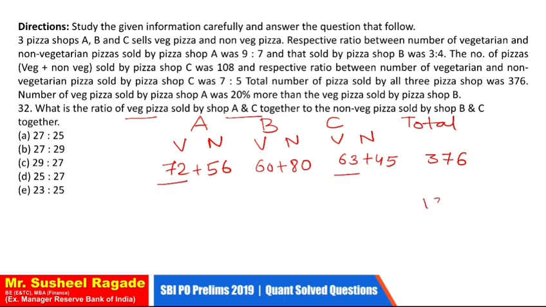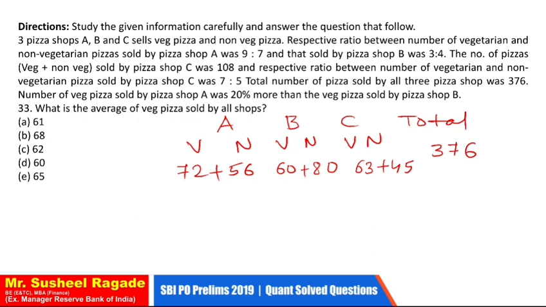This is 135, and the non-veg pizza sold by B and C is 125. You can double this, so this is 270 and this is 250. So the ratio is 27 is to 25.